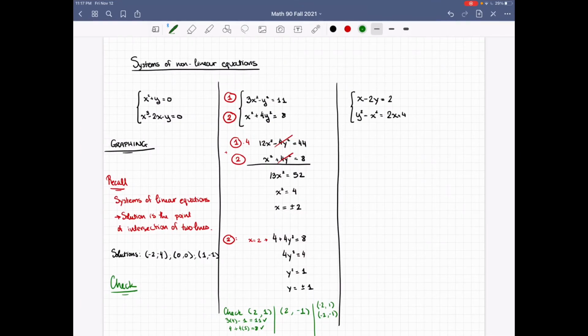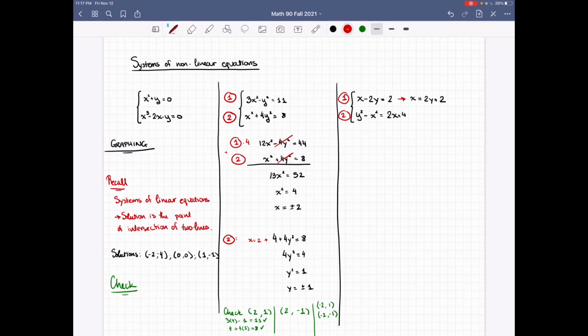Okay, and now for the third and final example in this video. I said that we would use the elimination method for the first and the substitution method for the second. So here, numbering my 2 equations 1 and 2, I'm going to use my first equation that has x by itself to solve for x. So x is 2y plus 2.